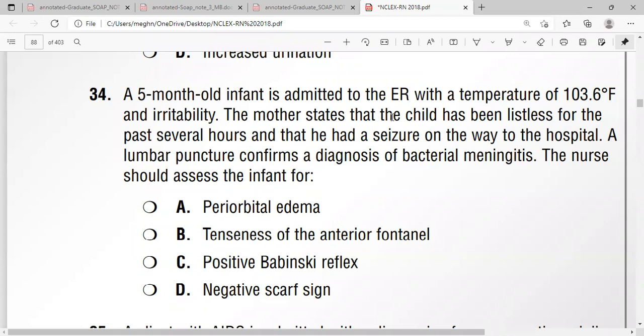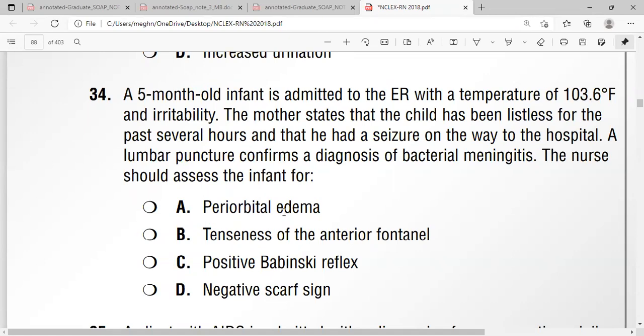The mother stated that the infant has been listless for the past several hours and also that he had a seizure, meaning involuntary movement of muscles, on the way to the hospital. The lumbar puncture confirms a diagnosis of bacterial meningitis, meaning inflammation of the meninges. The nurse should assess the infant for what?